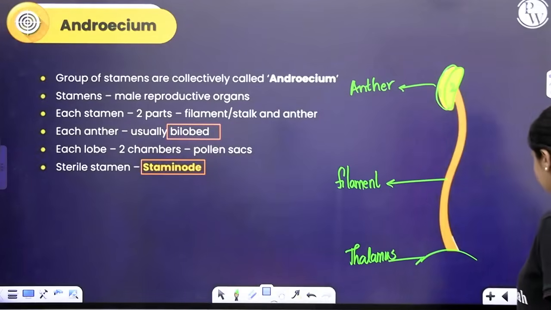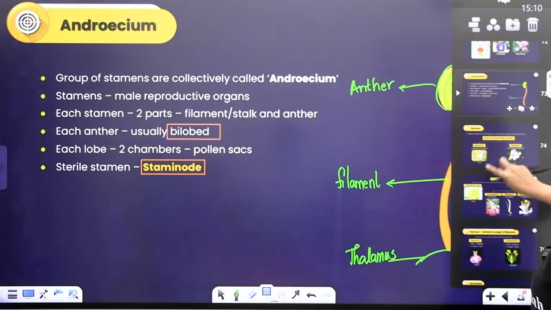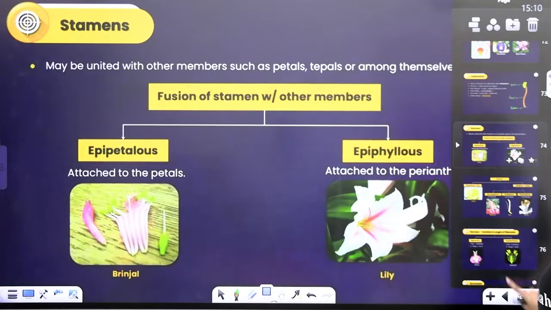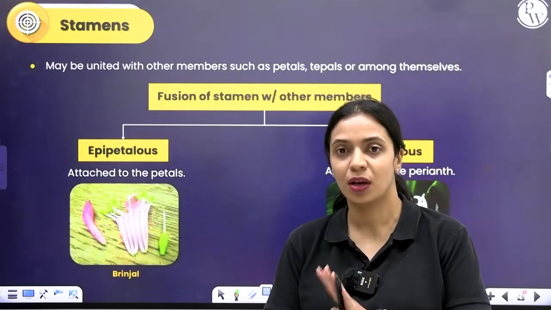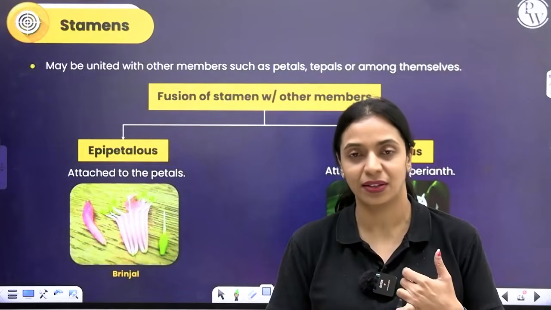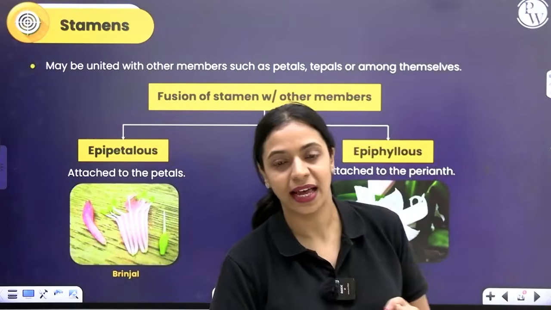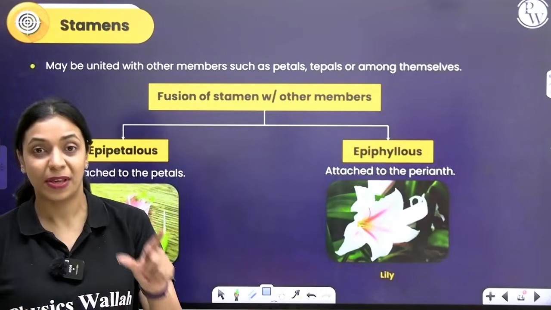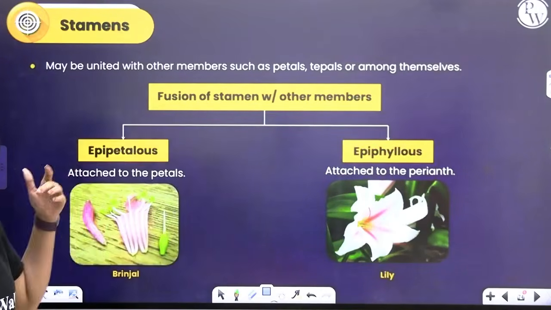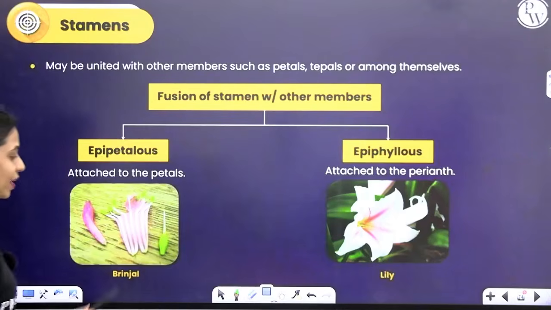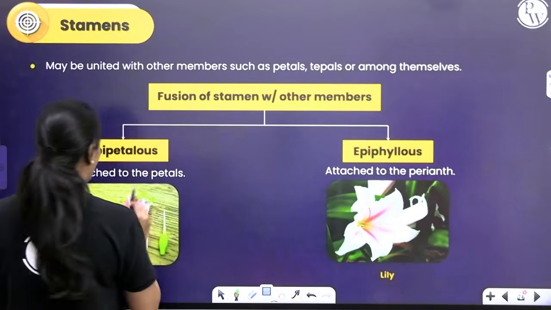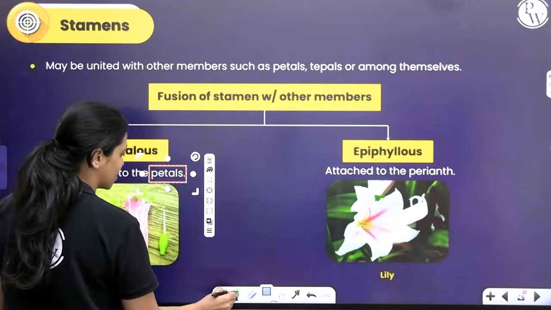Now, sometimes the stamens may be fused with other whorls such as petals or tepals. In that case, we will have specific terms to specify that. Whenever a stamen has fused with the petals, when it is attached to the petals, we call it epipetalous condition. Epi means above.